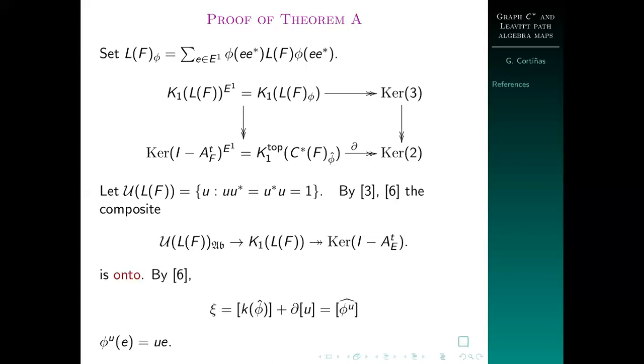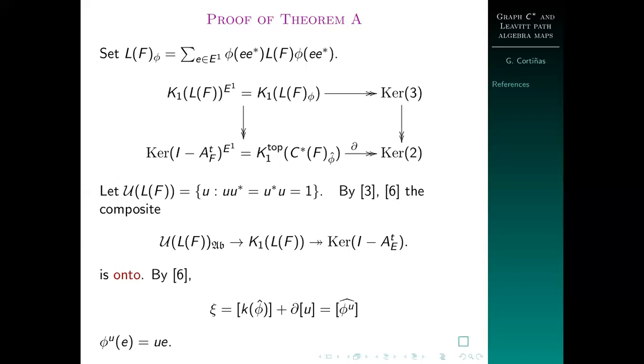So this composite from the unitary group of LF, abelianized, to K1 to the kernel, is onto. Thus, you can lift this element that we have, this difference between psi and K of phi hat, it's the image of a unitary element.